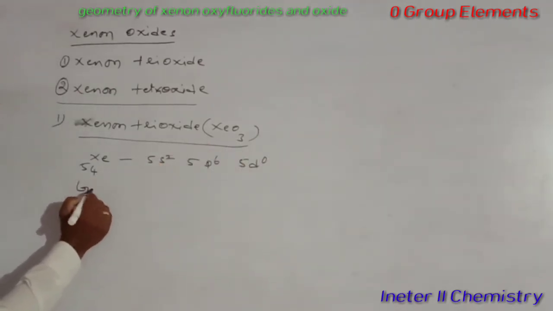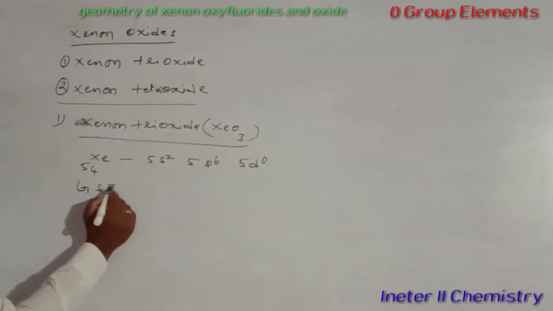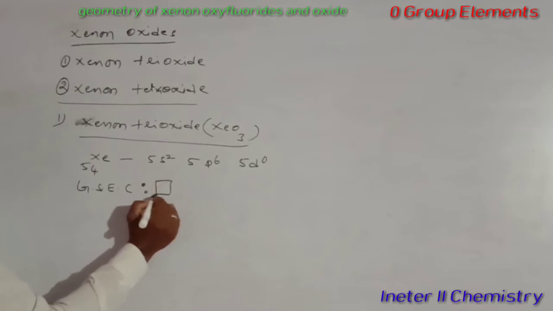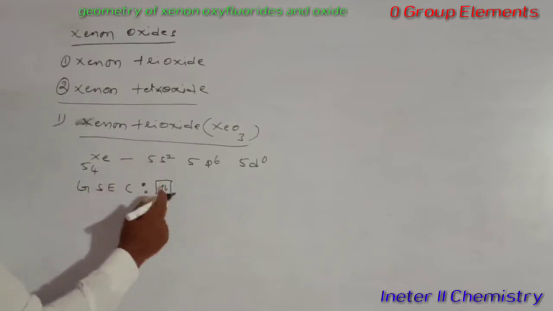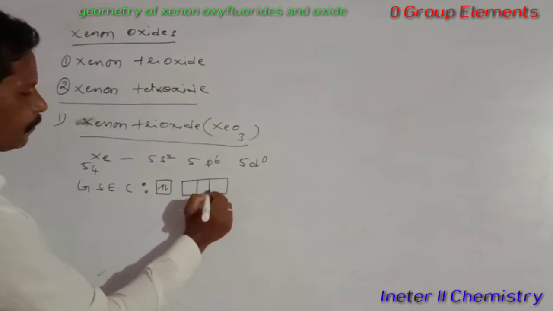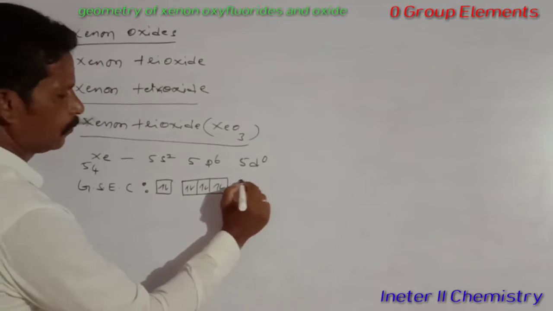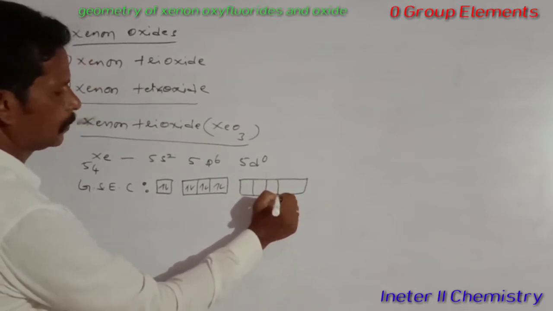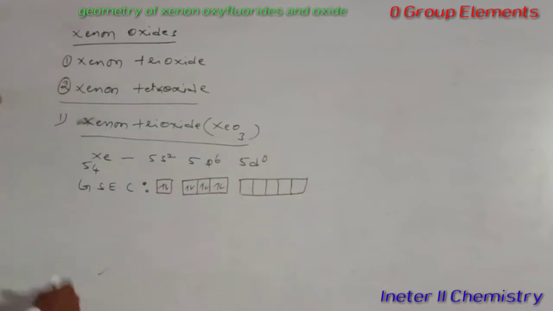So it is also considered as the ground state electron configuration: 5s2 and 5p6, the 5d orbital is vacant. Already we know this. So this is the ground state electron configuration.